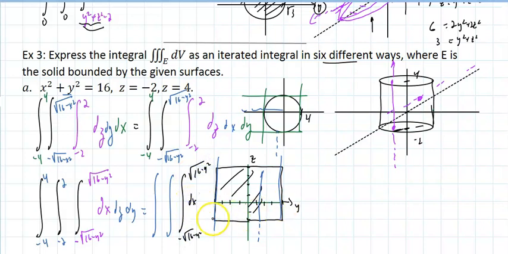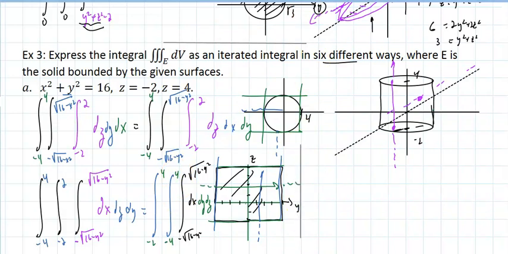And can't I say no, let z run from negative 2 to 2, and y would run from negative 4 to 4. So if it's a rectangle, it's really simple, but you gotta see it.